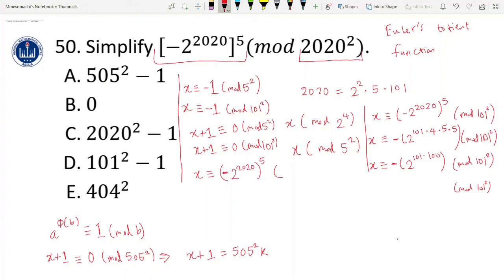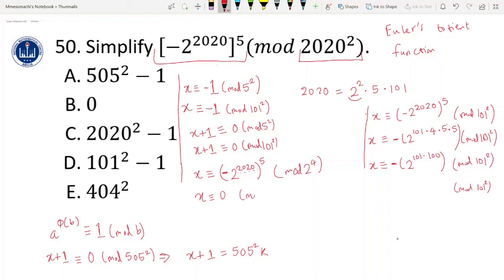So we want to find its mod 2 to the power of 4. So I was finding to each of the prime power factorization squared. So we want to find this mod 2 to the power of 2 all squared, so mod 2 to the power of 4. And we see that this power of 2 here is very big. So x is actually congruent to 0 because 2 to the power of 4 will divide this guy here.